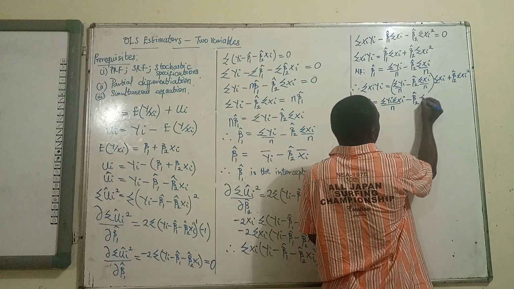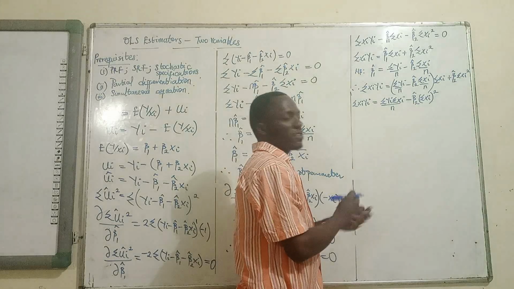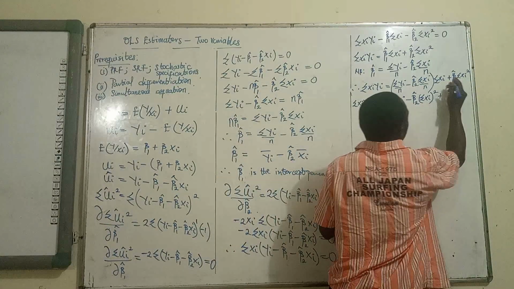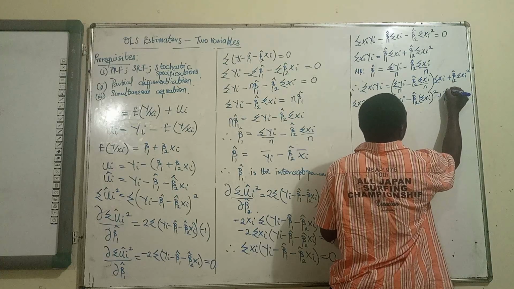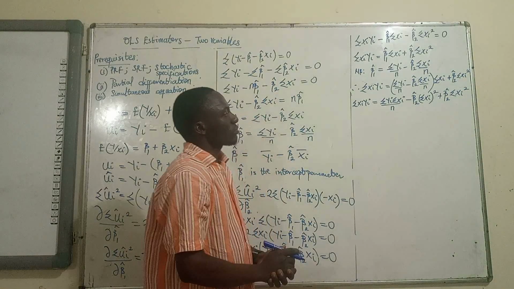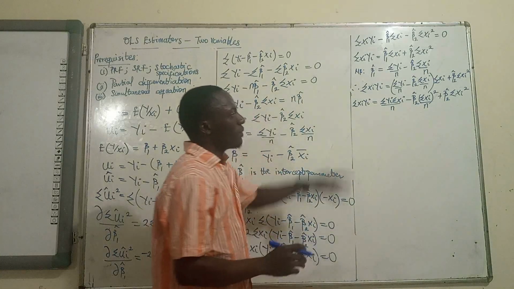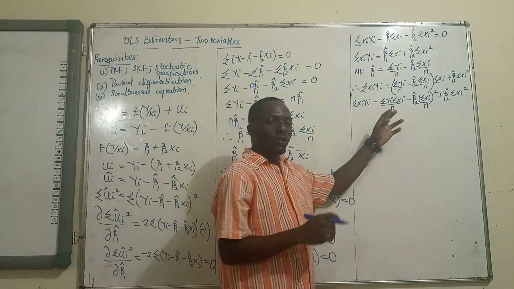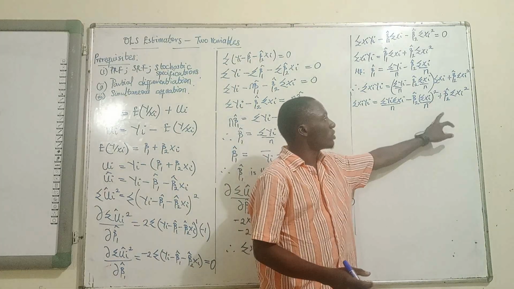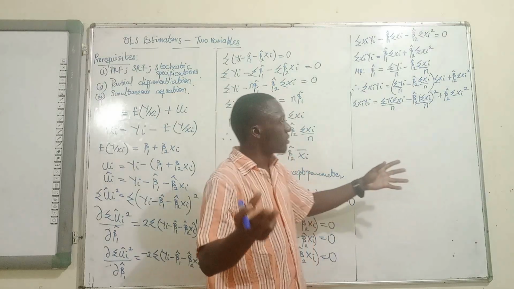So you have summation xi all squared, plus beta 2 cap summation xi squared, and this is over n. So we don't ignore that, we have over n there. Now the goal here is to find beta 2 cap, and we have two beta 2 caps in this equation. So that should give maybe an insight that we have to do factorization here.